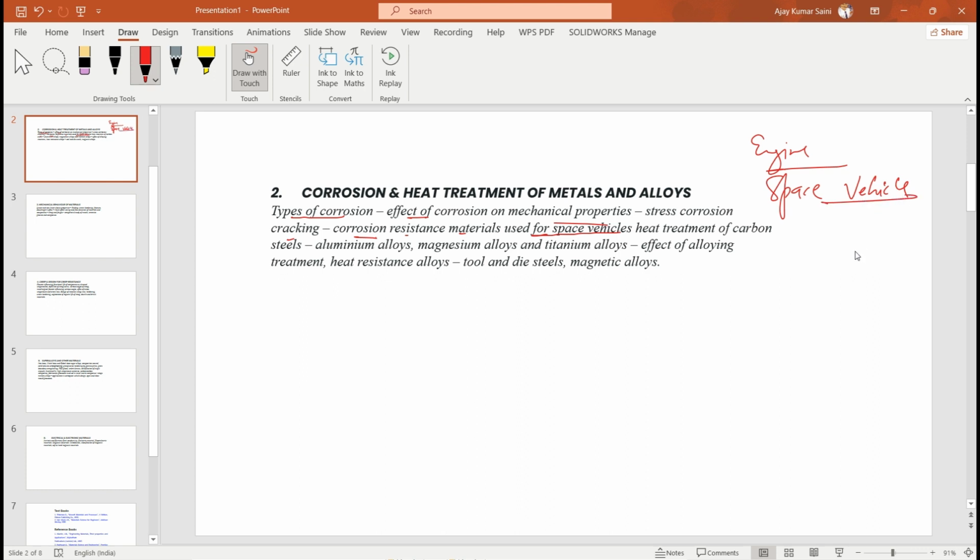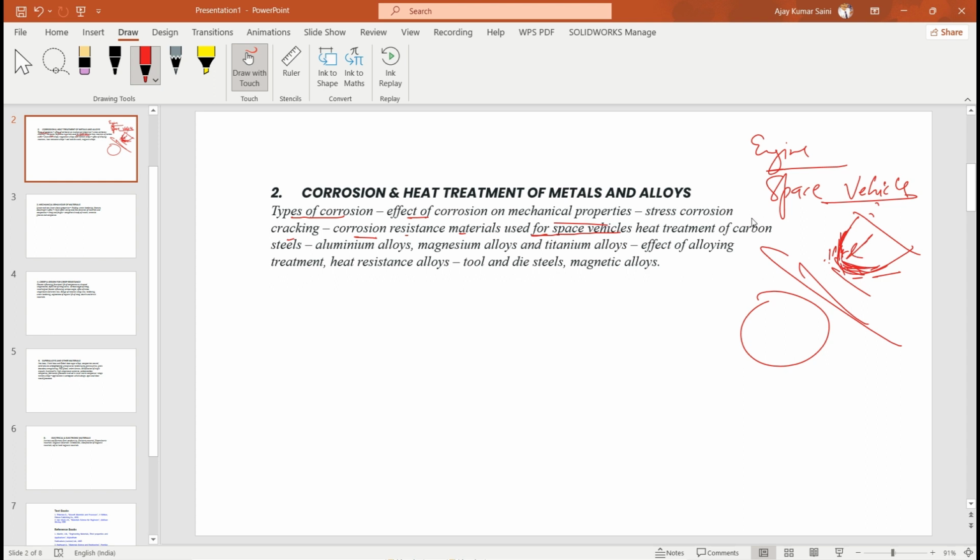So you know space vehicles, when any rocket vehicle enters the atmosphere of the earth, then the temperature of its surface is very high.